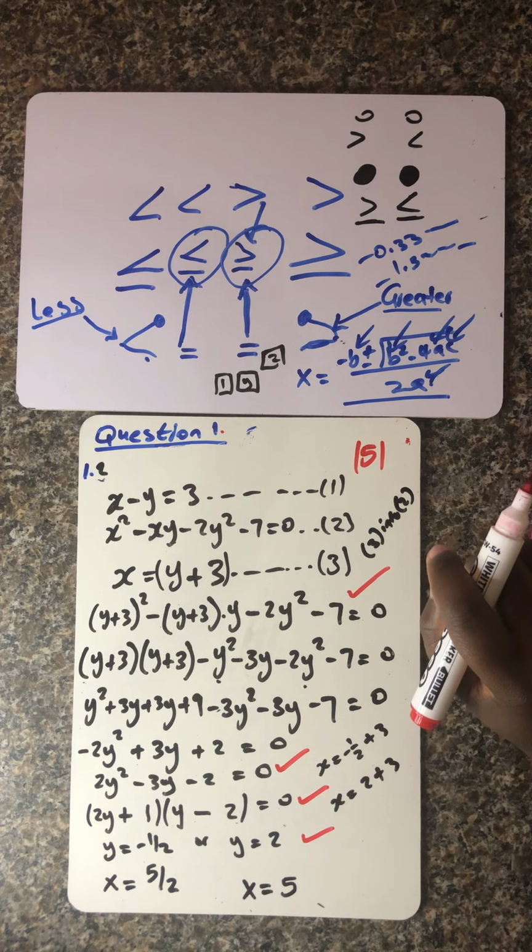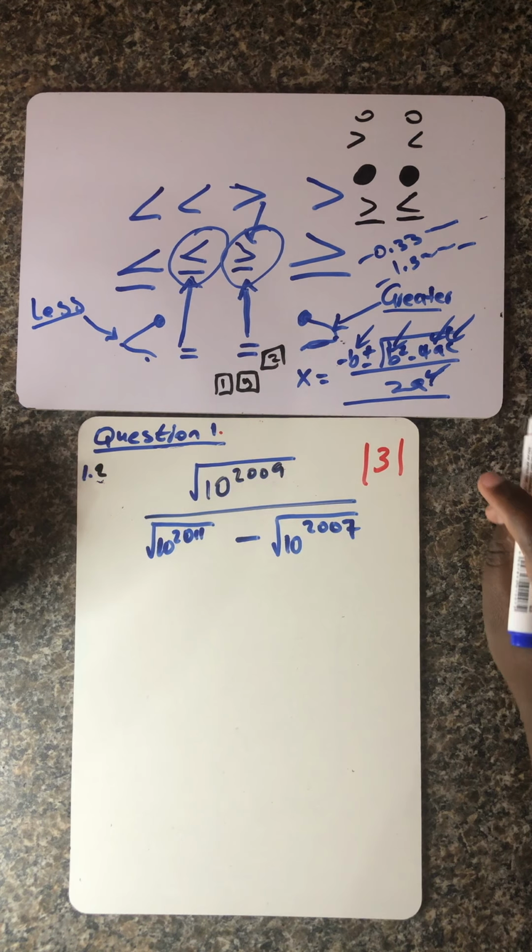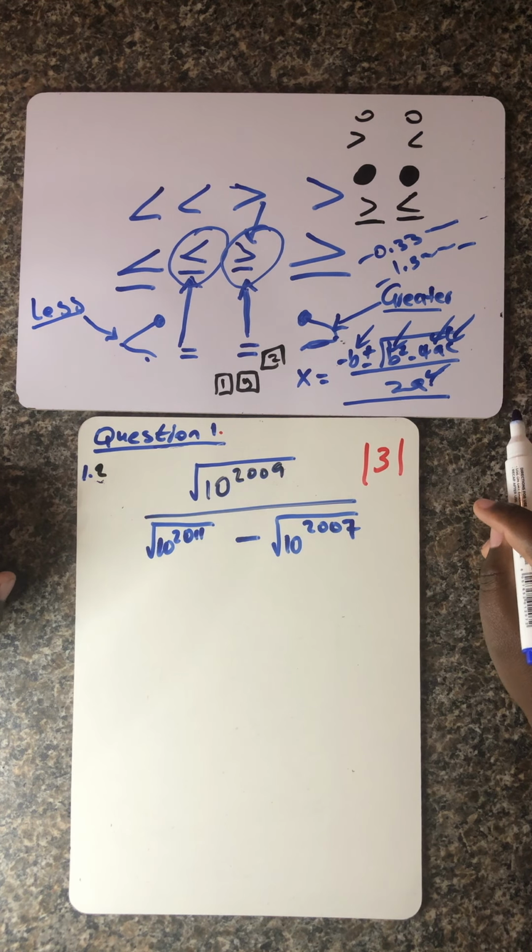So this is 10 to the exponent 2009 all over 10 to the exponent 2011 minus the square root of 10 to the exponent 2007. So guys, this question is allocated 3 marks, which means in 3 steps you can get to your final answer. So they want you to show all calculations.